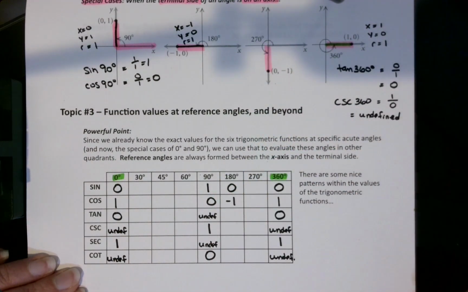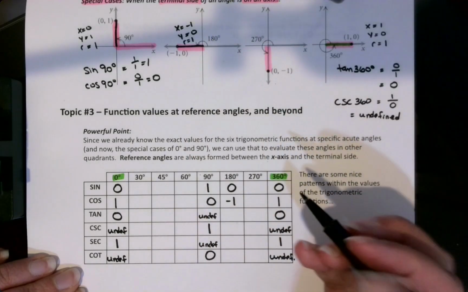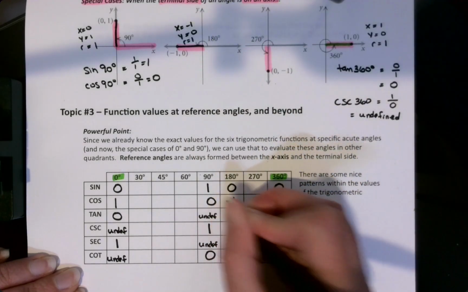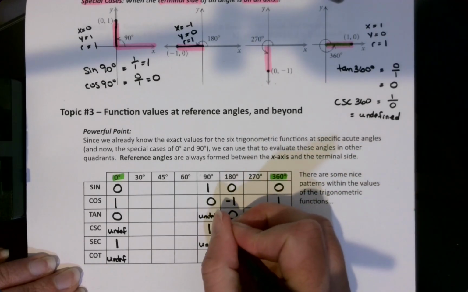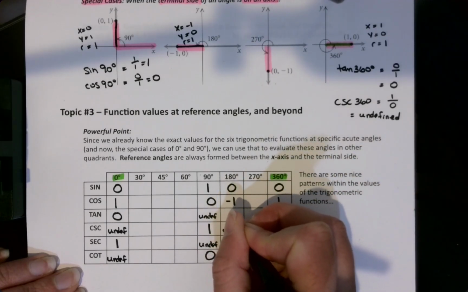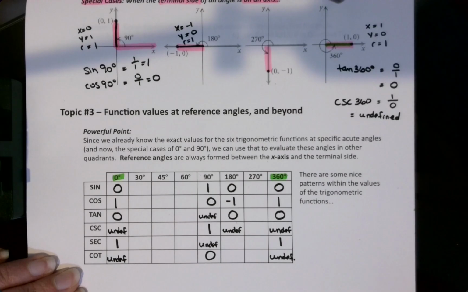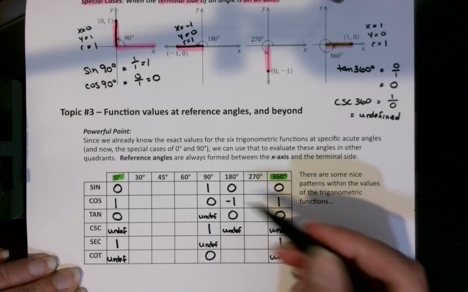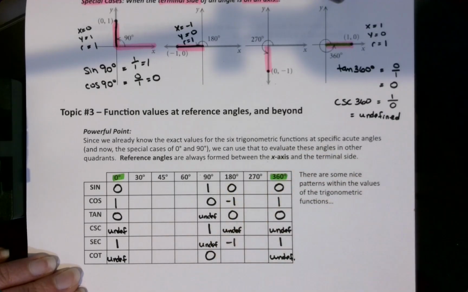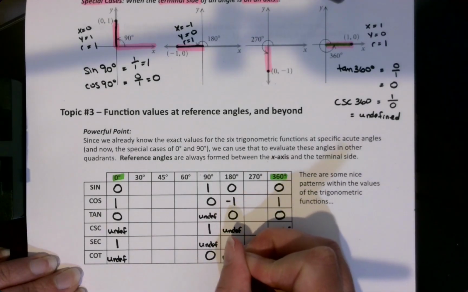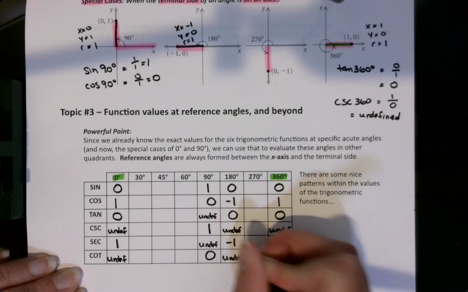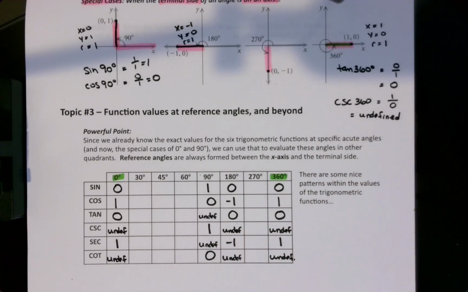The tangent, y over x, 0 over -1, that's 0. The cosecant, 1 over 0, that's undefined. The secant, 1 divided by -1, that's still -1. And then the cotangent, 1 divided by 0, that's undefined.